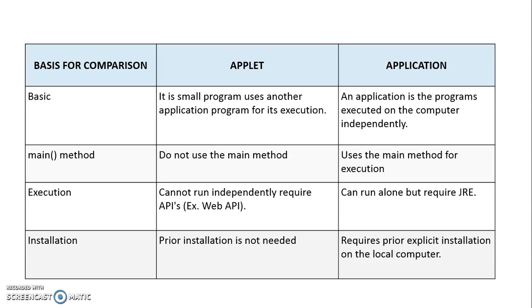The only requirement is it requires JRE. From the installation point of view, in applet prior installation is not needed, but in application it requires prior explicit installation on the local computer.